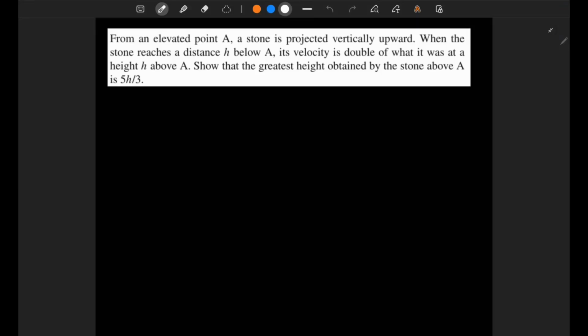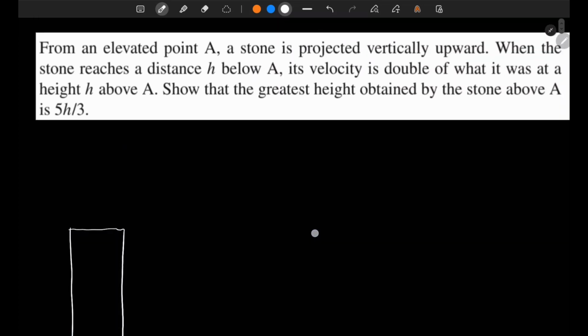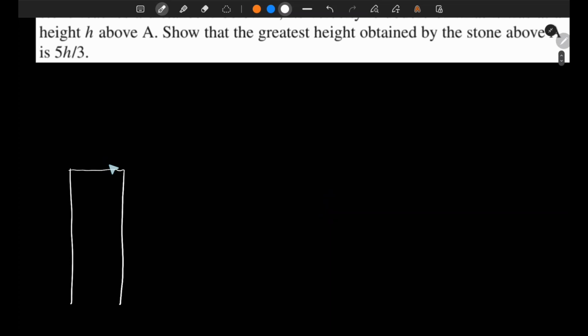Suppose that a stone is projected vertically upward from an elevated point A. So that means, if we have a drawing here, we have some building, and on that building we have some cannon, and that cannon is pointed straight upwards.